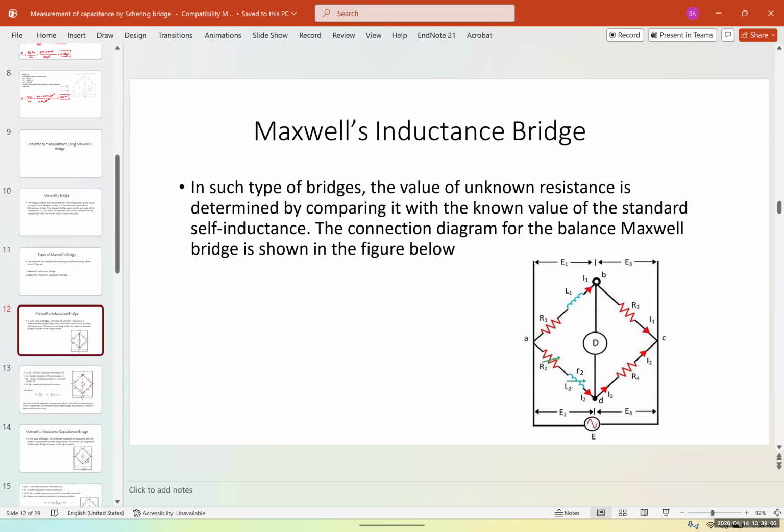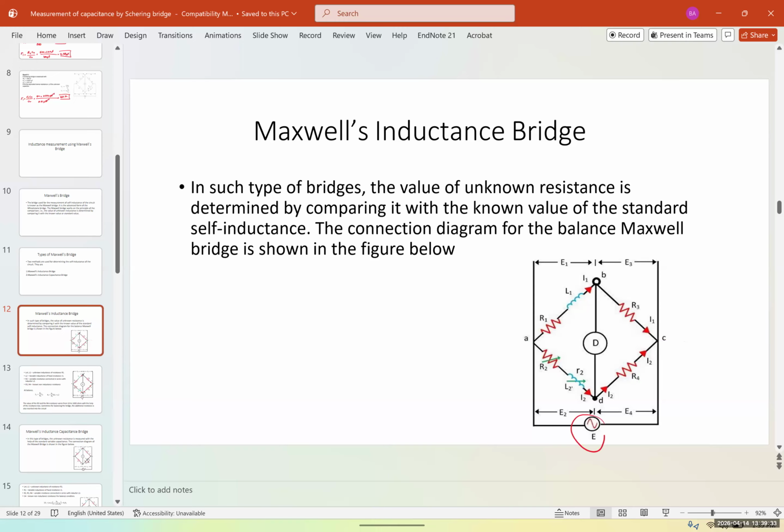Now, this slide is showing a Maxwell bridge. Again, because it's the same principle that we had for the Wheatstone bridge, these two are inputs and outputs, which are connected to a voltage source.